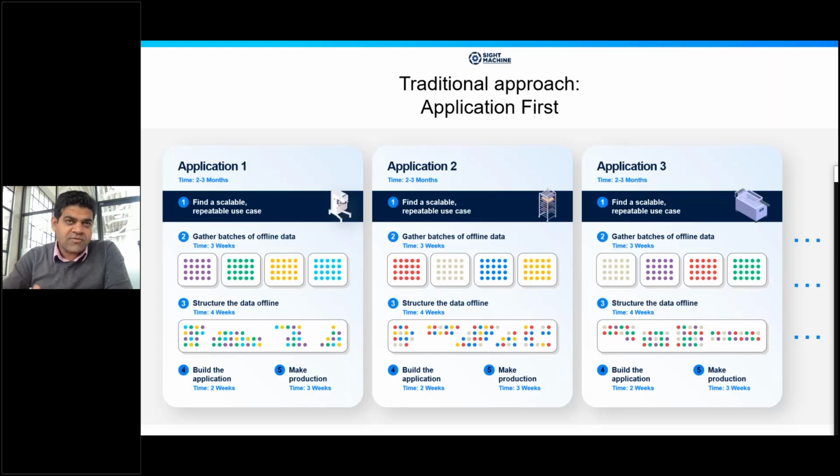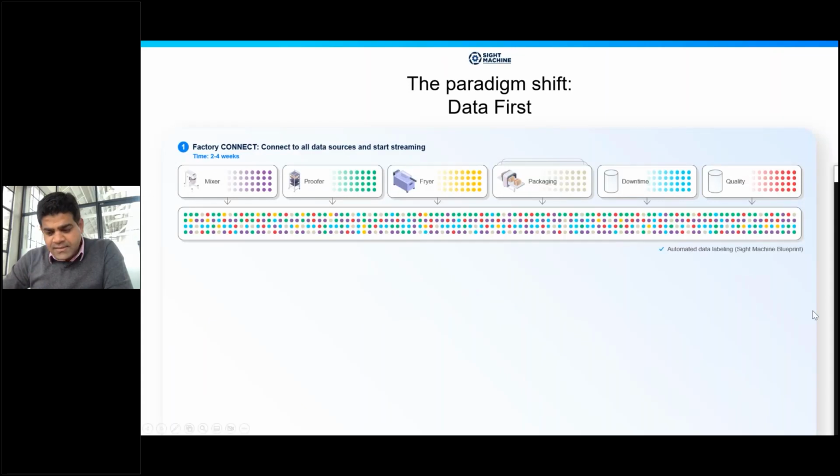The scalable approach that we have seen has worked very well, and that we recommend to all our customers, is a data-first approach. As we'll see on the next slide, we recommend connecting to all the possible data sources right at the get-go and getting all the data together in a uniform, common data foundation. So now you don't have to worry that the next time you have a use case 1 versus use case 2, you have to go to a data source again and pull that data.